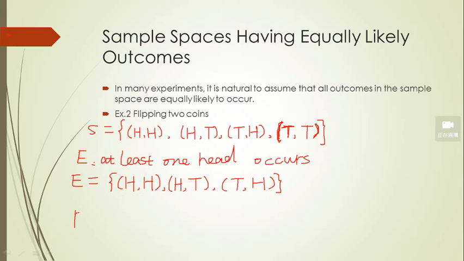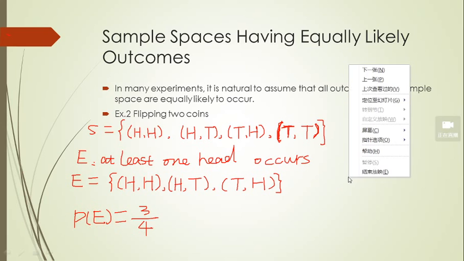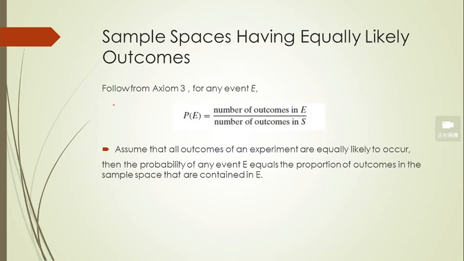So what is the probability of event E? Without any calculation, you understand that this is 3/4 because you have 3 outcomes in event E over the total outcomes in the sample space. Then let's check the formula. From axiom 3, for any event E, of course E is a subset of the sample space.